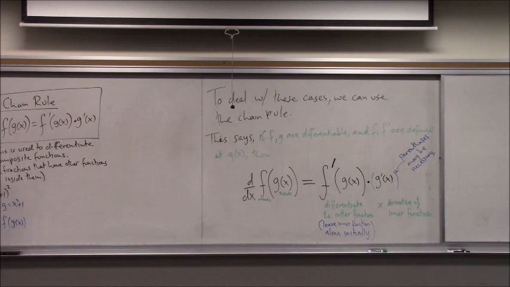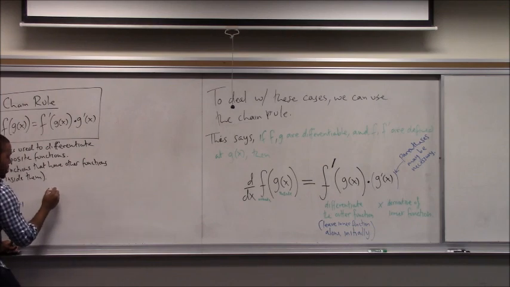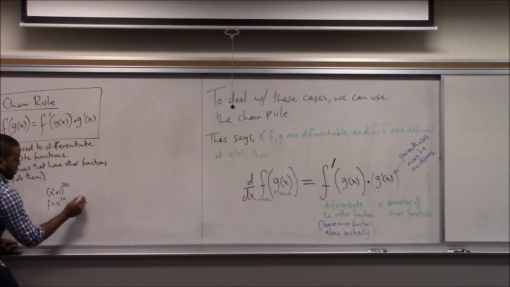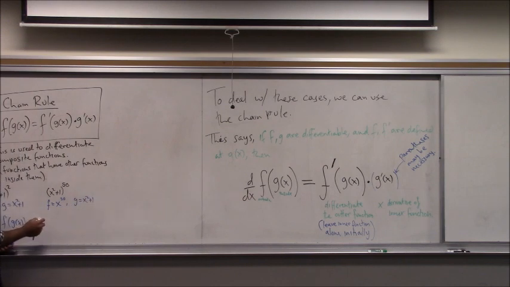Take this guy, plug it in that guy, you'd actually get this function here. Similarly, if we had x squared plus 1 to the 50th, there's an outer function, just raising things to the 50th power. There's an inside function which squares something and adds 1.